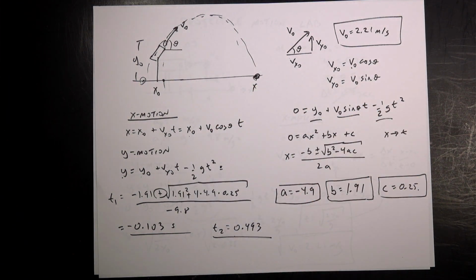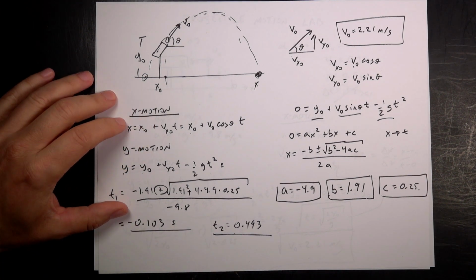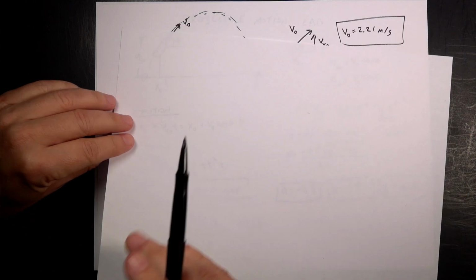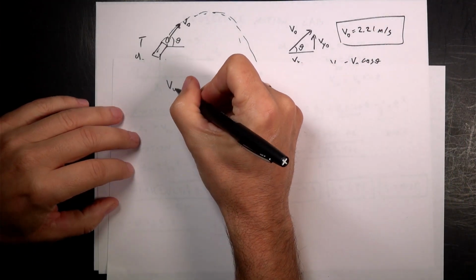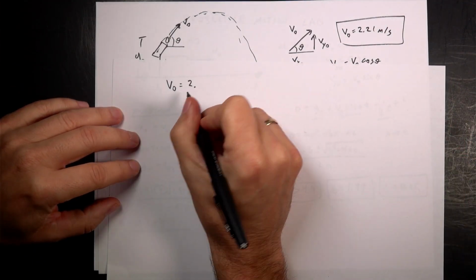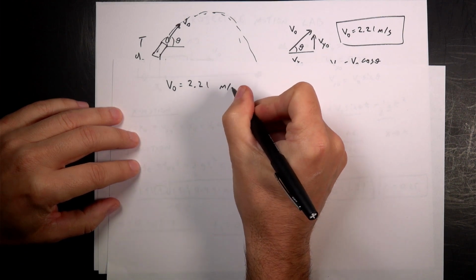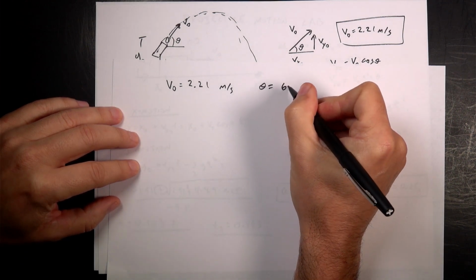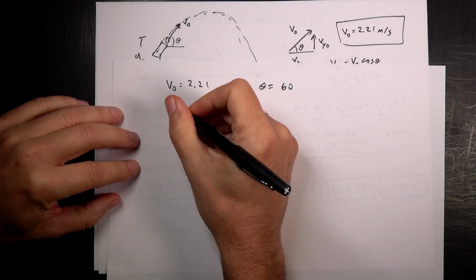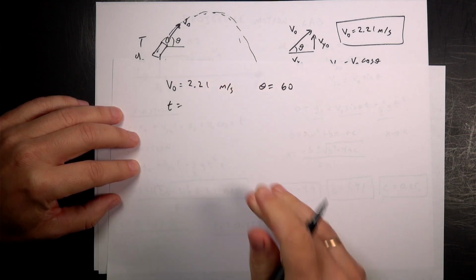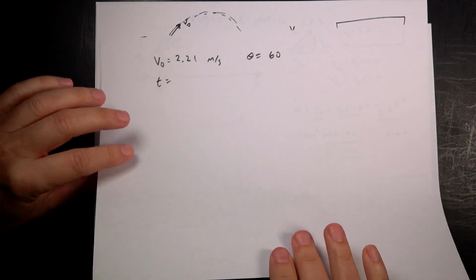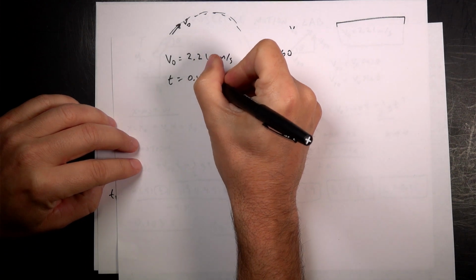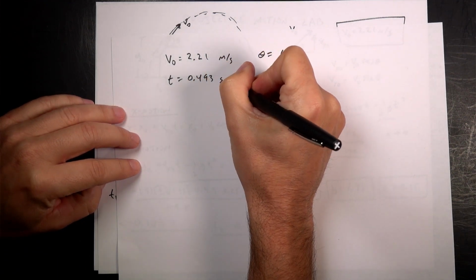Okay, so now that we have the time, we can use this equation to solve for the final position. So let me write down v0 equals 2.21 meters per second. Theta equals 60, and t equals 0.493 seconds.